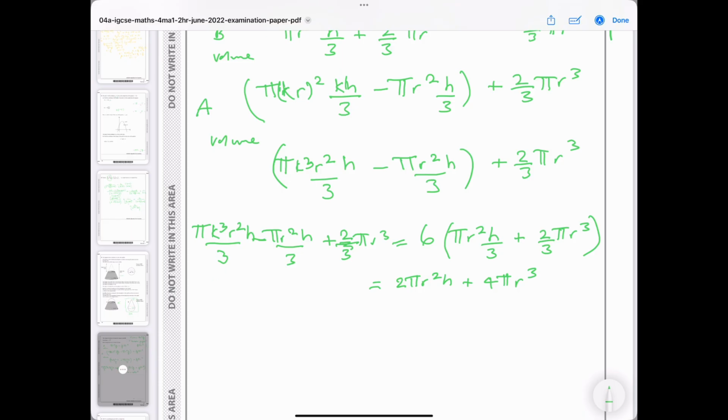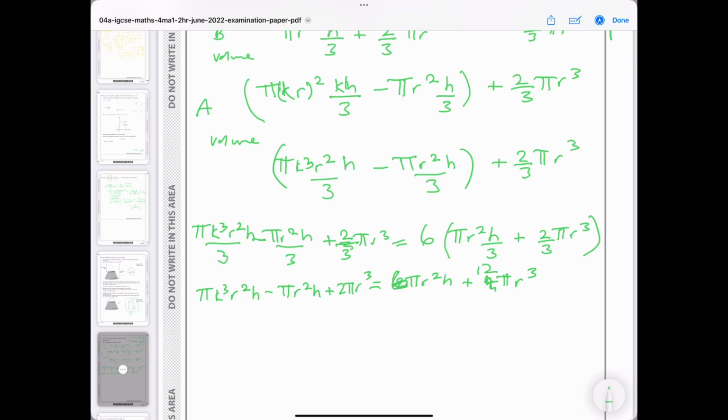I'm now tempted to get rid of the 3 on the bottom, so I'm going to do pi k cubed r squared h minus pi r squared h plus 2 pi r cubed, and times everything by 3, so that gives me 6, and that gives me 12.